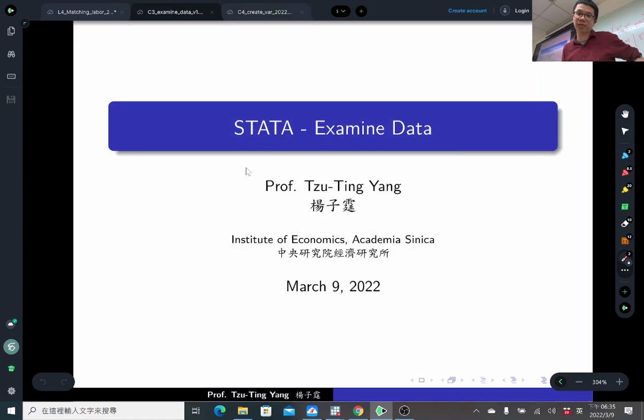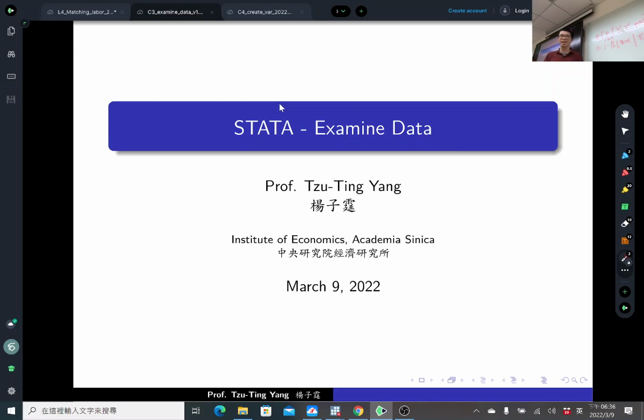So finally, I would like to go through the data, how to use this data. Last time you learned how to read the data, right? And then after you load your data, you need to investigate your data. You want to know whether your data is correct, or what kind of variables are stored in this data set.